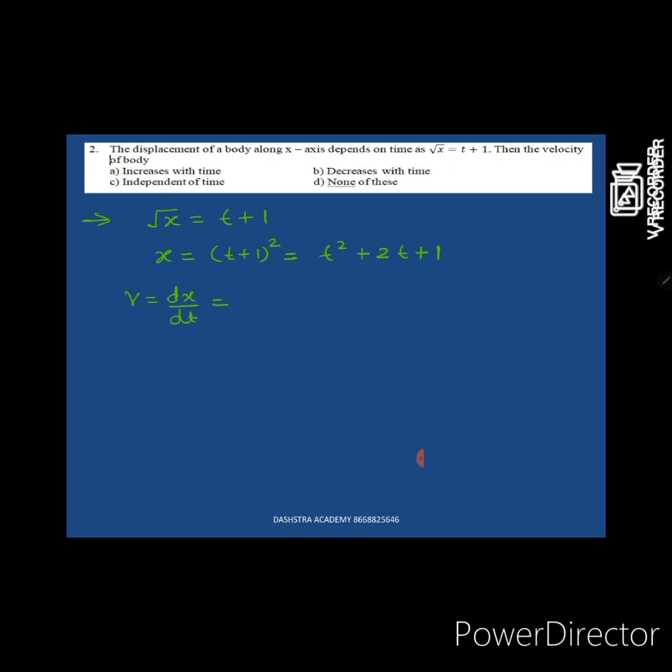So differentiation of t square will be 2t, differentiation of 2t will be 2, and from this I can say that since velocity is directly proportional to time, as time increases velocity will also increase. Therefore my correct option should be option A. Okay, you can note it down. Very simple question.